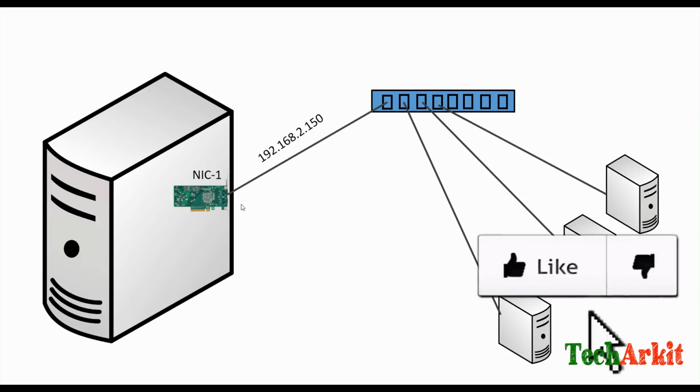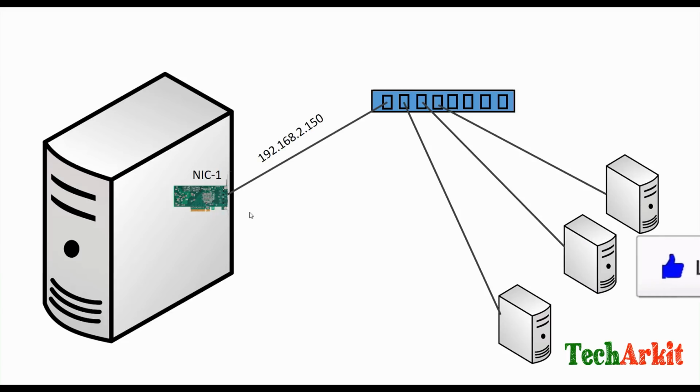All of a sudden, the server has only one NIC card, and that NIC card fails. What happens? The clients get request timed out, so it is not going to be served.